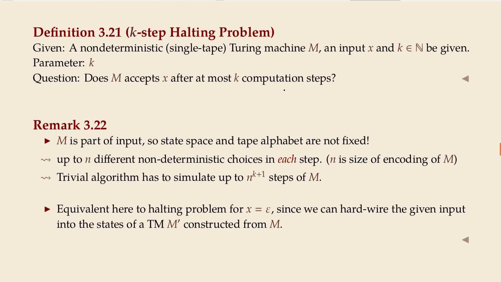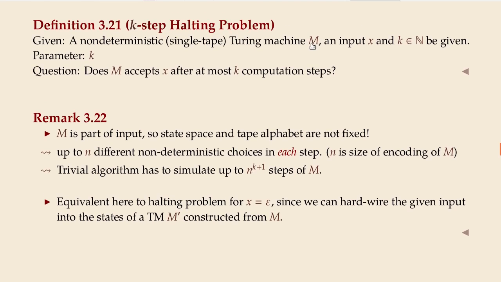which sounds like a very simple problem, because if you bound that by k steps, it should be easy. You just simulate the machine. But since the machine itself is part of your input, certain things cannot be assumed to be fixed. Namely, the state space of the machine can be as large as n, if that's the input size. And the same is true for the alphabet it works on.